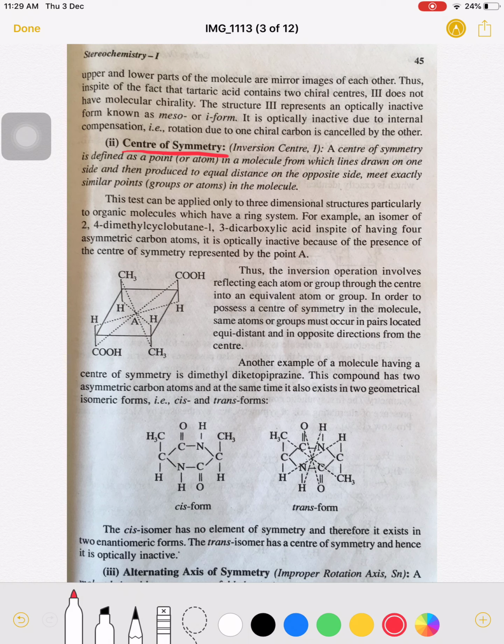Now see this example here. This is an imaginary point in a molecule from which I am going to draw an imaginary line. Suppose this is the imaginary line on one side and the same line is drawn on the opposite side. Now see here, this line meets COOH and this line also meets the same group.